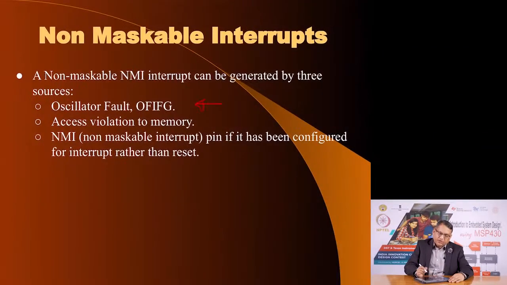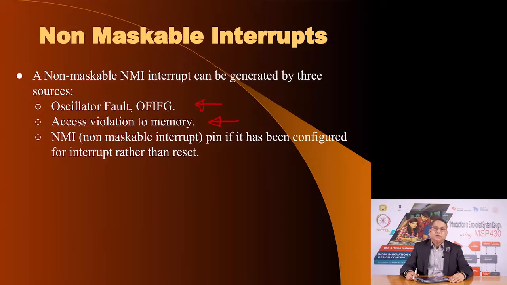All right. So, now non-maskable interrupts can be generated from several sources. It can be generated because of one of the oscillators, and you know that there are 3 oscillator sources in your MSP 430 microcontroller. If any of the oscillators is not working the way it should, it can generate a non-maskable interrupt. Also, you have program memories, RAM. If you are trying to read or write from locations which are not available on your microcontroller, it would lead to memory access violation, that also will generate a non-maskable interrupt.